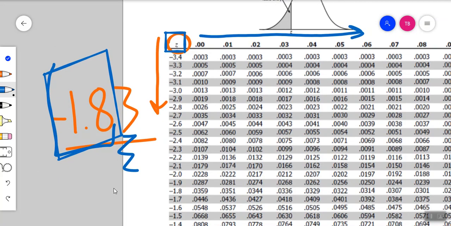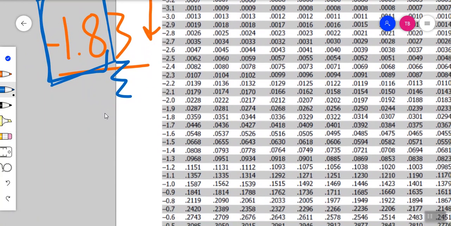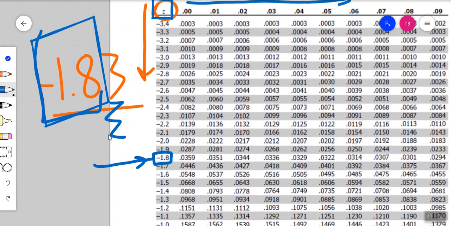So I'm scrolling all the way down until I see -1.8, and it's right here. You can see these first 2 numbers match. Now I'm going to look for that third number, the 3. So I'm going this way until I match up with the 3. I'm going along here, and this is where it intersects. As you can see, the 1.8 matches this part. Make sure you see the negative.